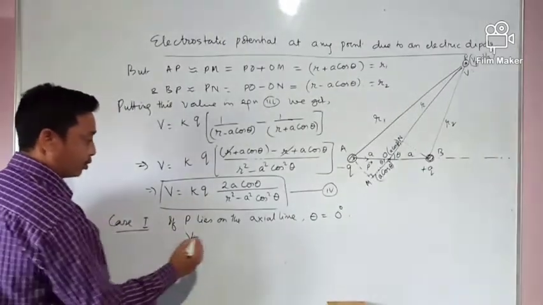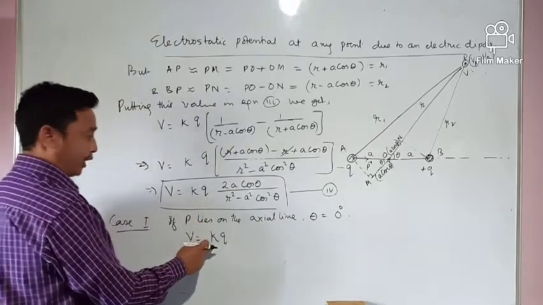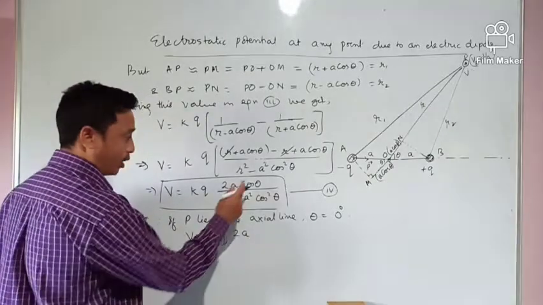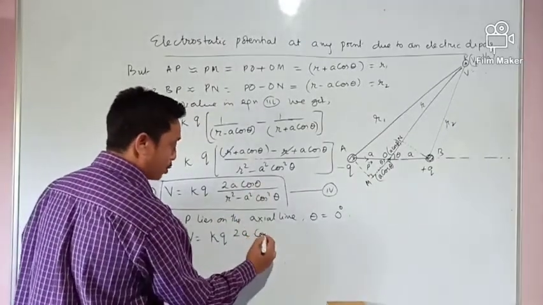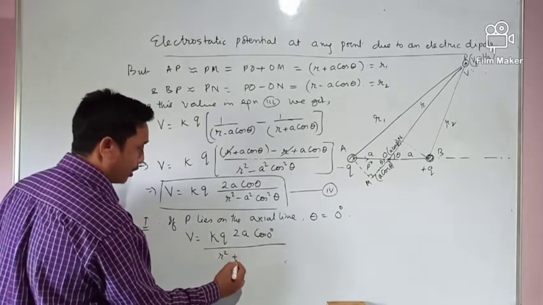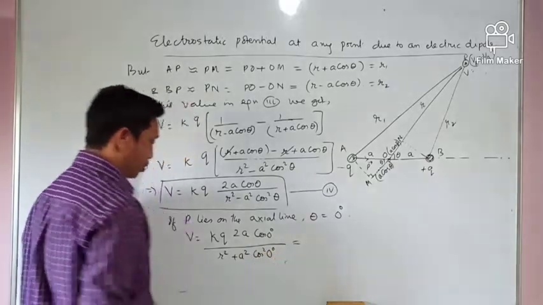Then V is equal to 1 by 4 pi epsilon, K Q 2A cos theta, meaning cos of 0 degree, divided by R square minus A square cos square 0 degree. So what do we get?